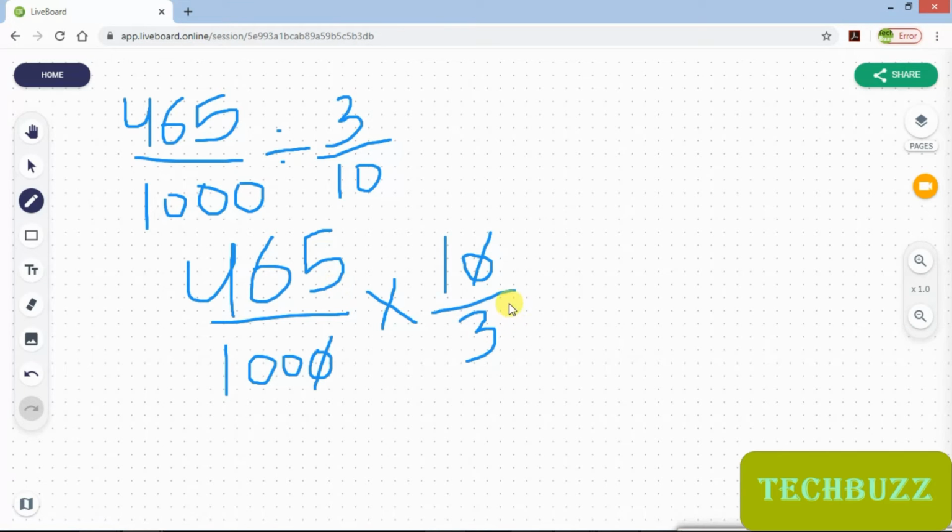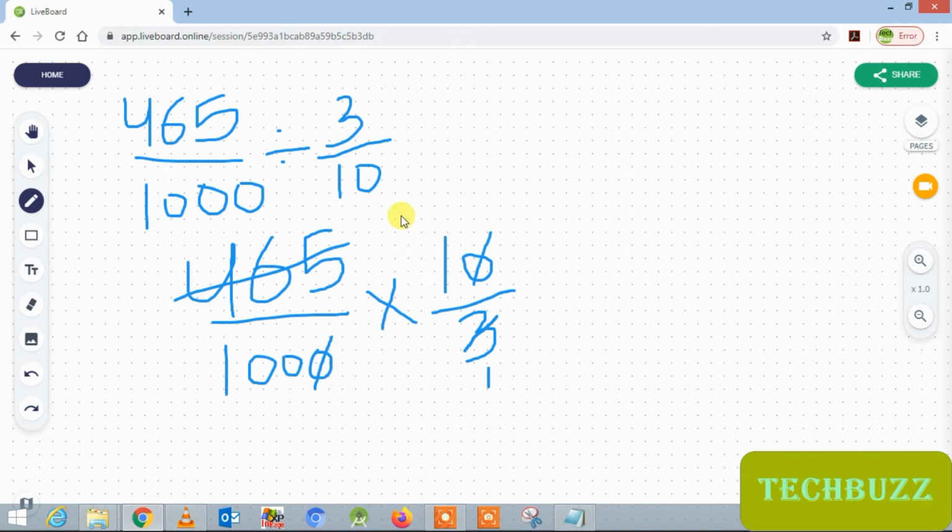So I am dividing it by 3. 3 ones are 3, so 1, and 1 will be the remainder, 16. 3 fives are 15, so we write 5, and again 1 will be the remainder, so it will be 5. So our answer for this fraction is 155 upon 100.